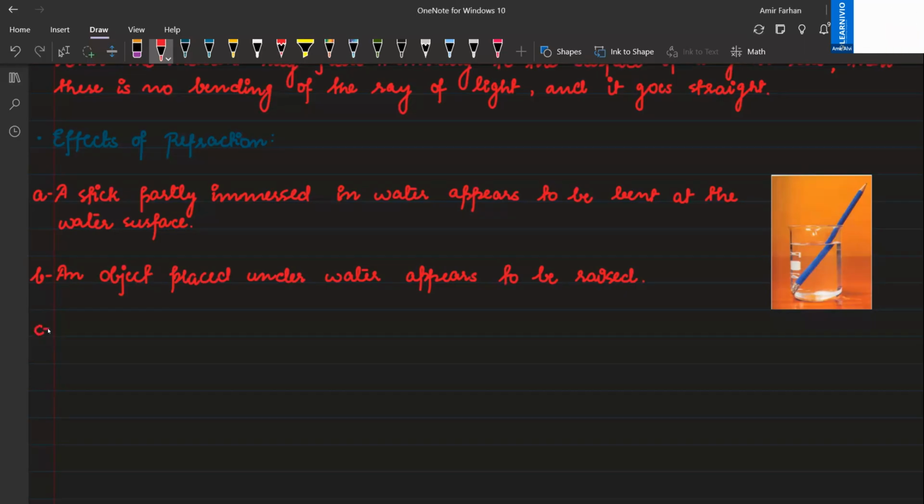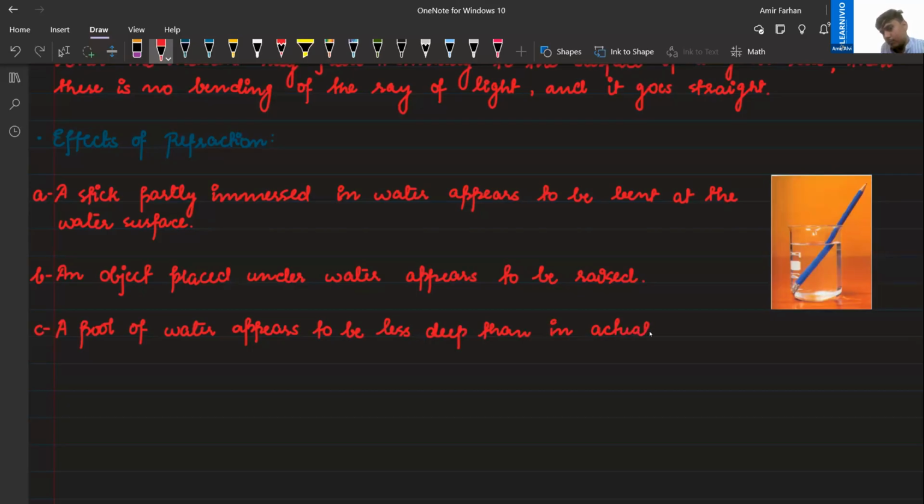Next, a pool of water appears to be less steep than it actually is.